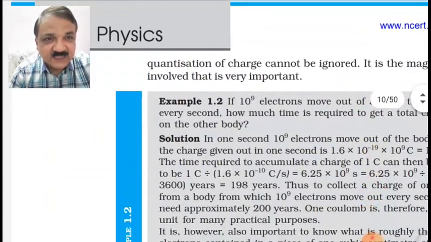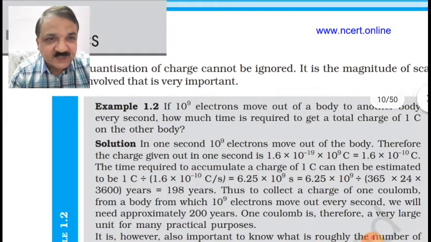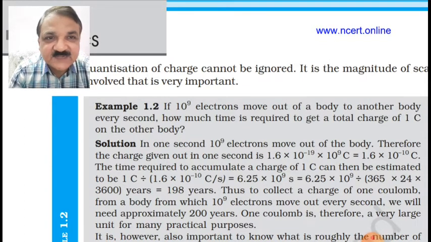Now in example 1.2, it has been explained how much time is required to get 1 coulomb of charge on another body. Actually, students, 1 coulomb is a very big charge.